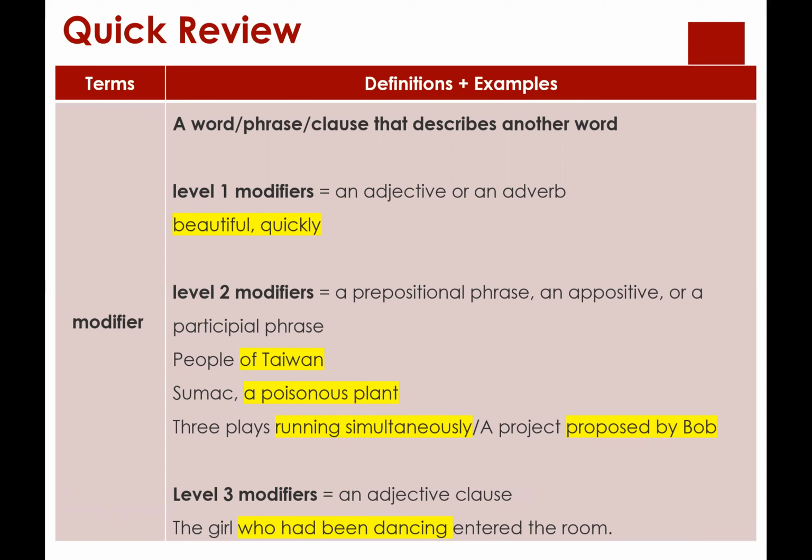So as you can see here, people of Taiwan is a prepositional phrase modifying people, right? Sumac, a poisonous plant, which is a noun that modifies another noun. So that's an appositive adjective function. And of course, three plays running simultaneously, running, ing ending, adjective function, that is a present participle.